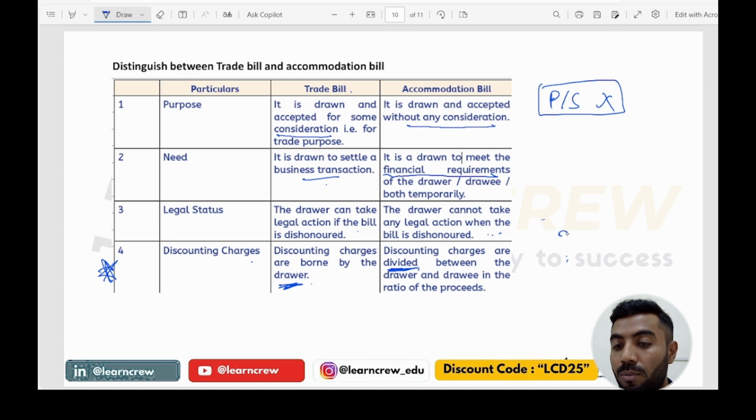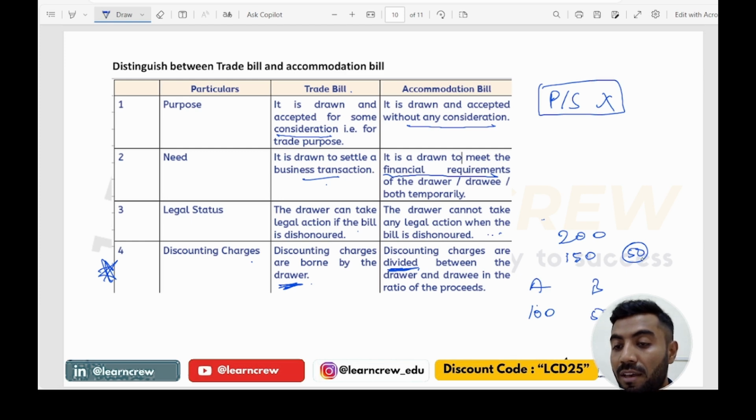Say for example, there is a 200 rupees bill. After discounting, you're getting 150, so 50 rupees is the discounting charge. Say A and B are there. A is taking 100, B is taking 50.